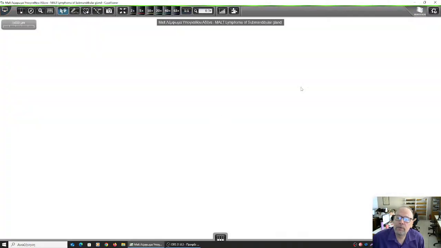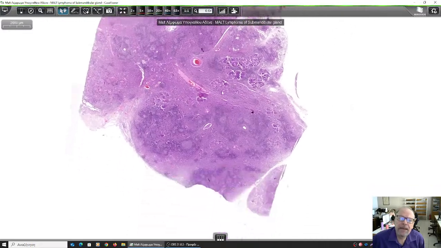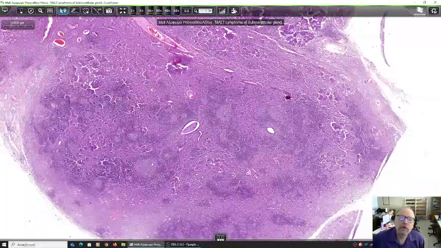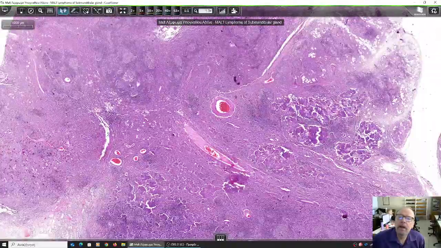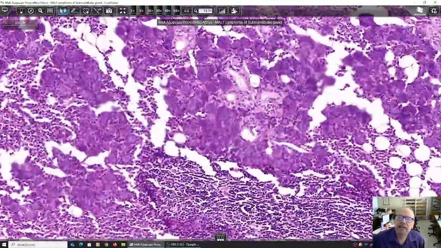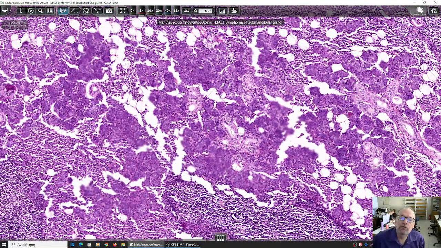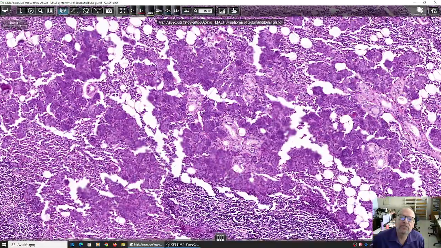And here is another one, which is rather a diagnosis of exclusion, because we see a salivary gland, possibly parotid, being composed of acini, producing saliva, and ducts.